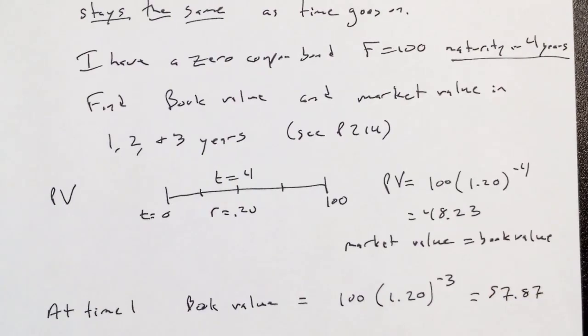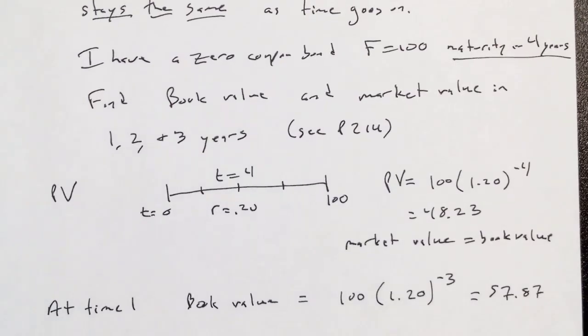Now, here's an interesting thing. If you have this piece of paper and you've held on to it for a year, it's now worth 57.87, where a year ago it was worth 48.23. But if you want to buy that piece of paper at time 1, then it's only going to mature 3 years into the future, right?